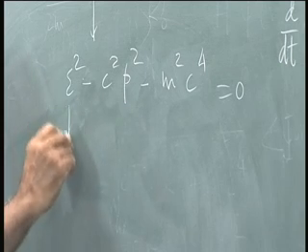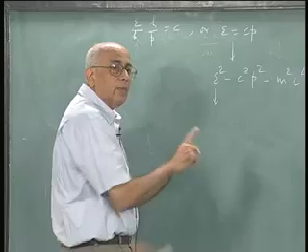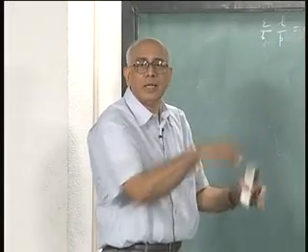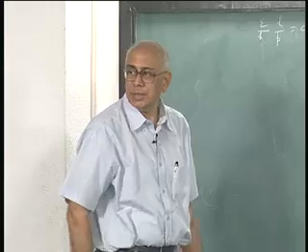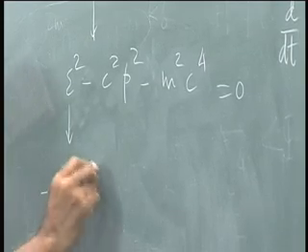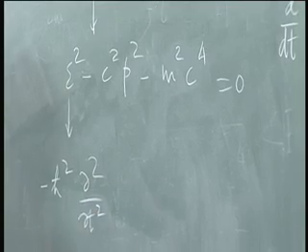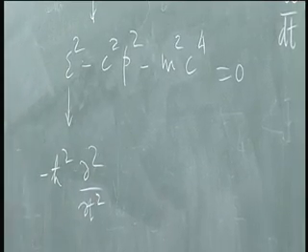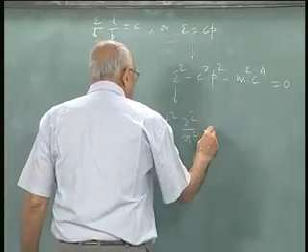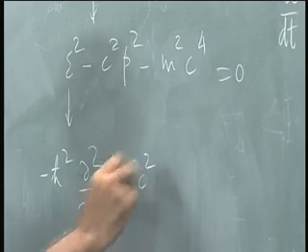So really this comes from the Hamiltonian, and the Hamiltonian acting on a wave function is iħ ∂/∂t acting on the wave function. So this is minus ħ² ∂²/∂t² acting on the wave function psi, minus c² times, and what is this?